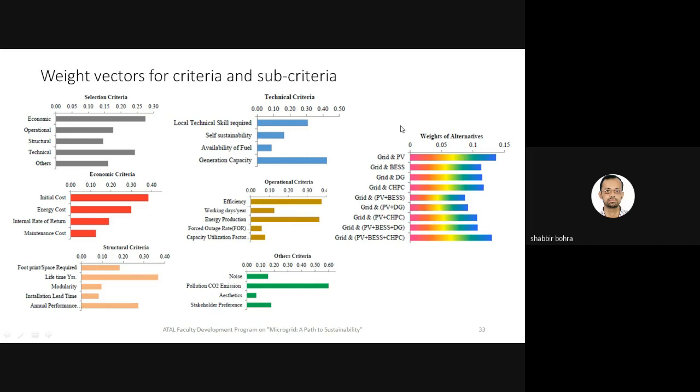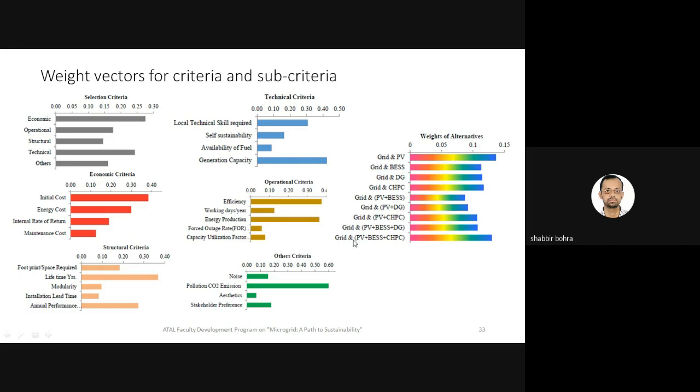And if we go through the process of multi-criteria decision making, then the weights of the alternatives are assigned like this. If we go for the grid and photovoltaic system, here it has been considered that it is not an islanded system, it is a grid interactive system. And with the grid interactive system, we need to analyze. So the grid and PV is the most beneficial alternative.